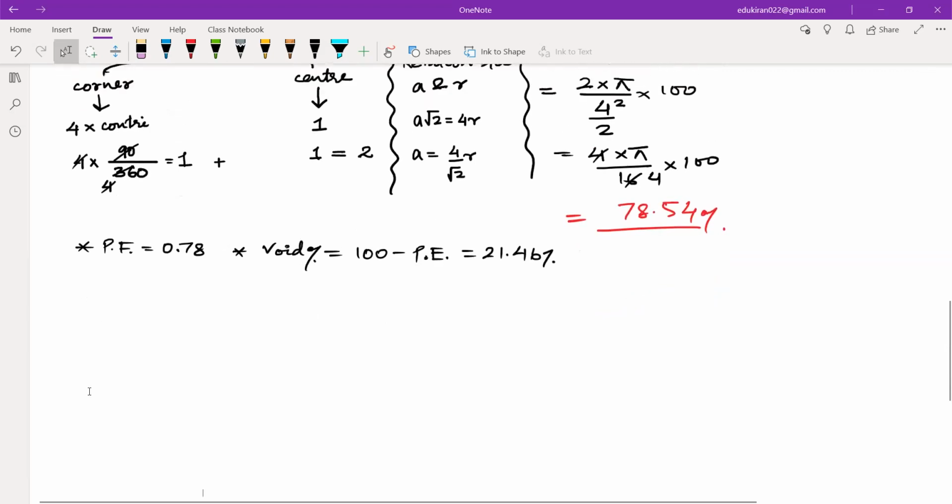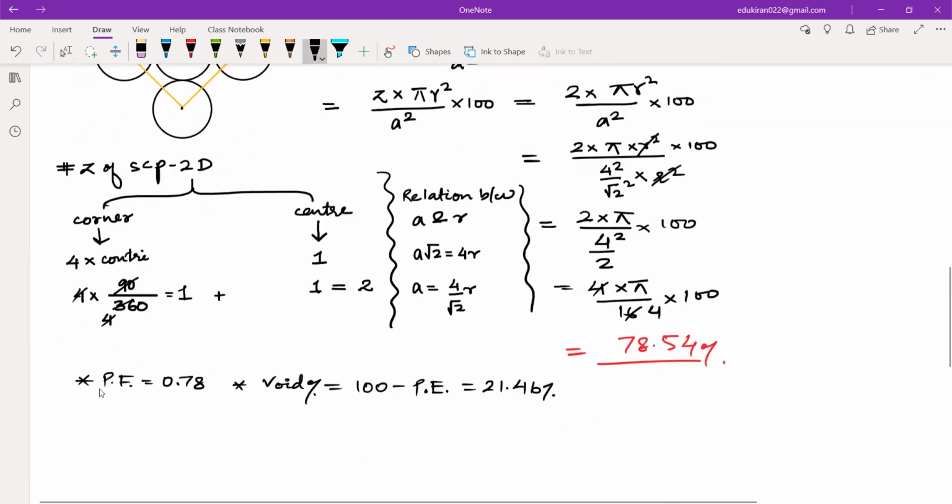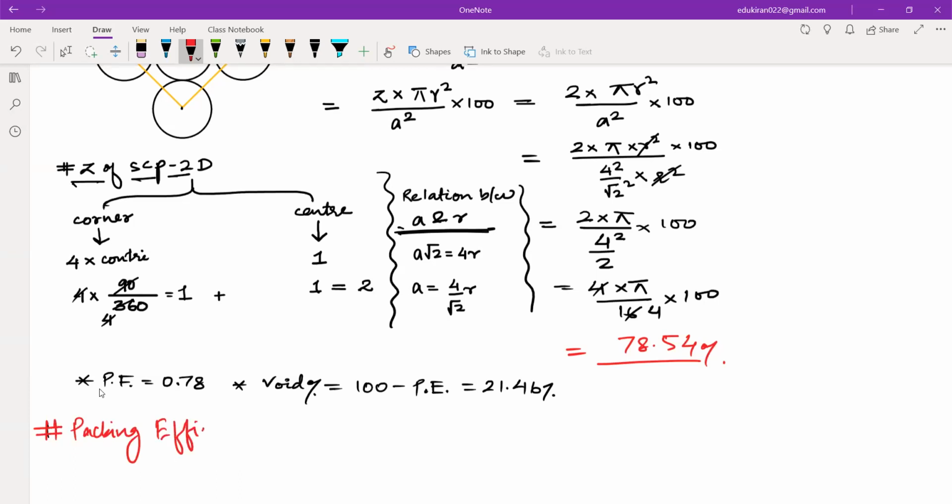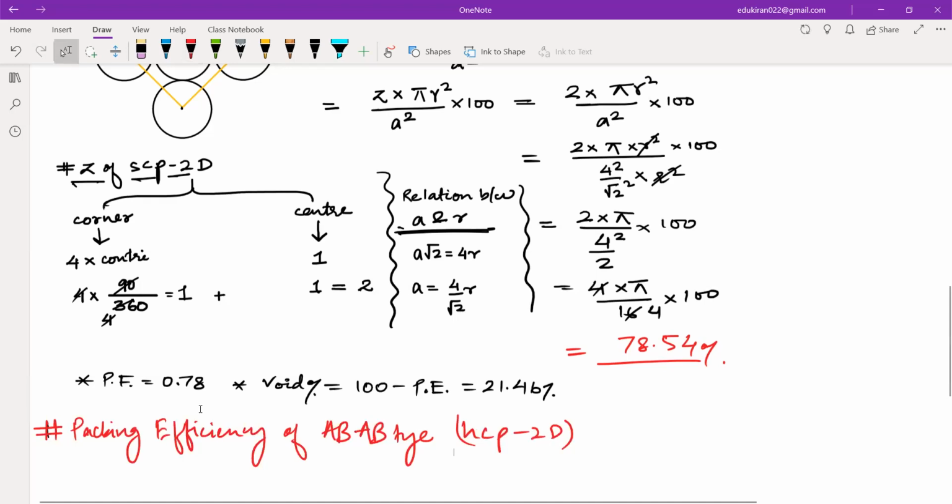Okay. Now, see, once we have seen that, we have to calculate the Z for each and every unit cell whose packing efficiency we want, and we also need to calculate the relationship between A and R. So when we are going to calculate the packing efficiency of AB type, that is HCP, hexagonal close packing in 2D, first we will calculate the Z and the relationship between A and R, okay?